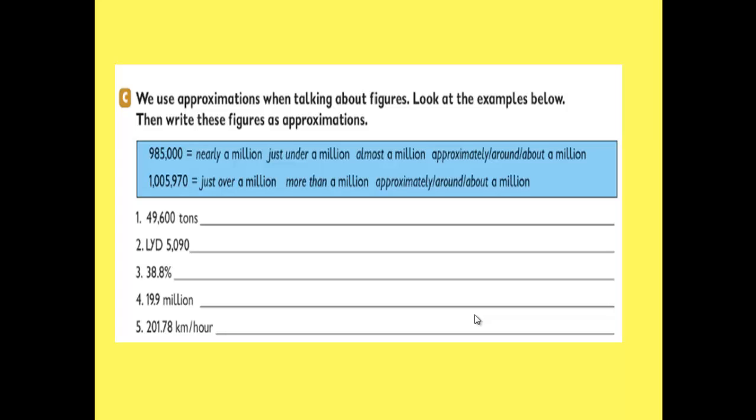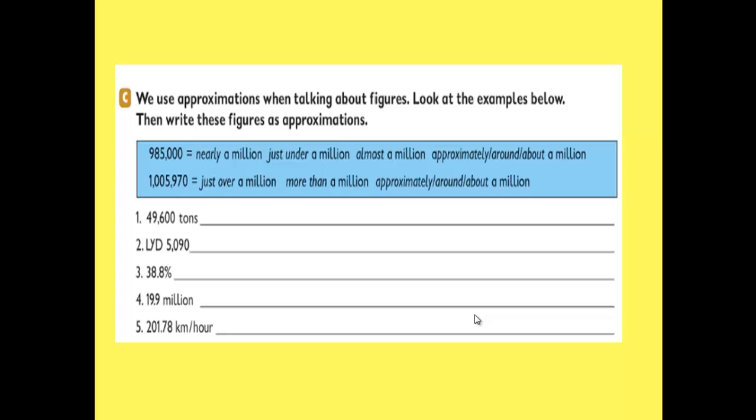We can say nearly 5,000, or just over 5,000. We can also say more than 5,000, approximately 5,000, etc.